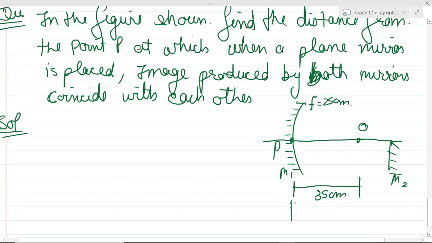You need to find this distance x, at which M2 should be placed from point P so that the image of the object coincides from both the mirrors.